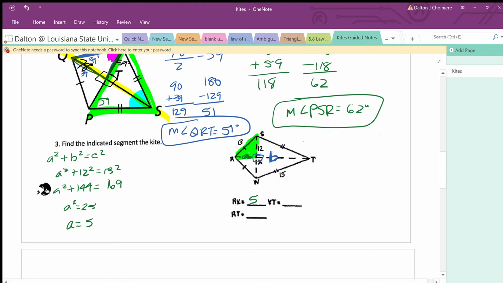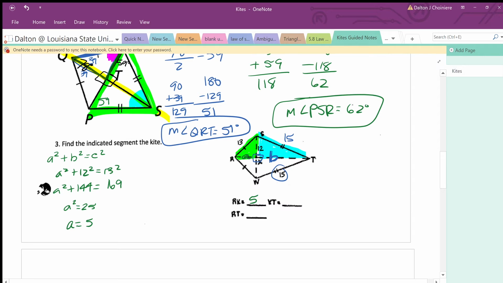So maybe I'll focus in on this top right triangle. So I know the bottom is B. I know it's a right triangle, 90 degrees. I know the left side is 12. I also know that the top, the hypotenuse, is the same as this one because they both have 2 tick marks. So I also know that that's 15.